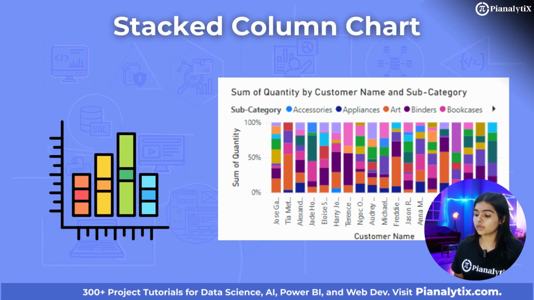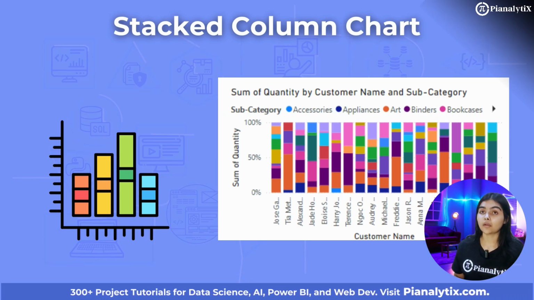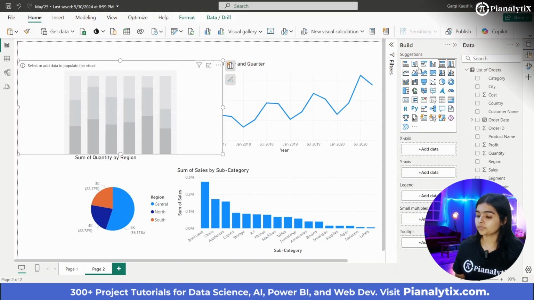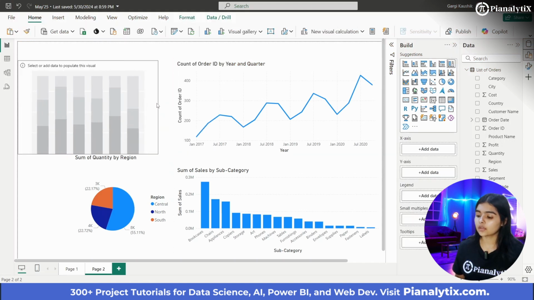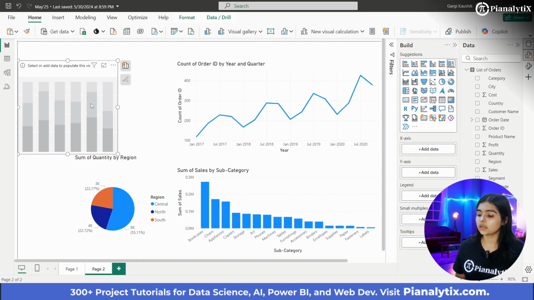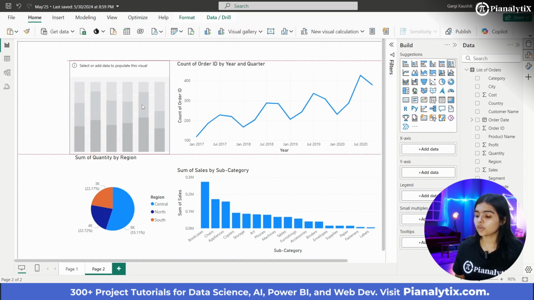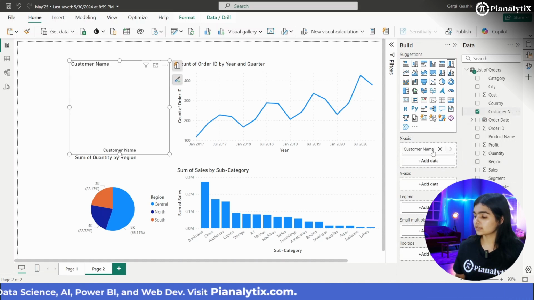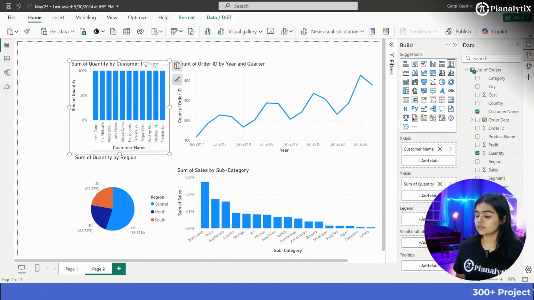And then the fourth visual again, which is very important in Power BI, would be the stacked column chart. Now stacked column chart, think of it like combining the normal column chart with the pie chart. So suppose we want to, I put customer name on the x-axis and the total quantity that they purchased on the y-axis.